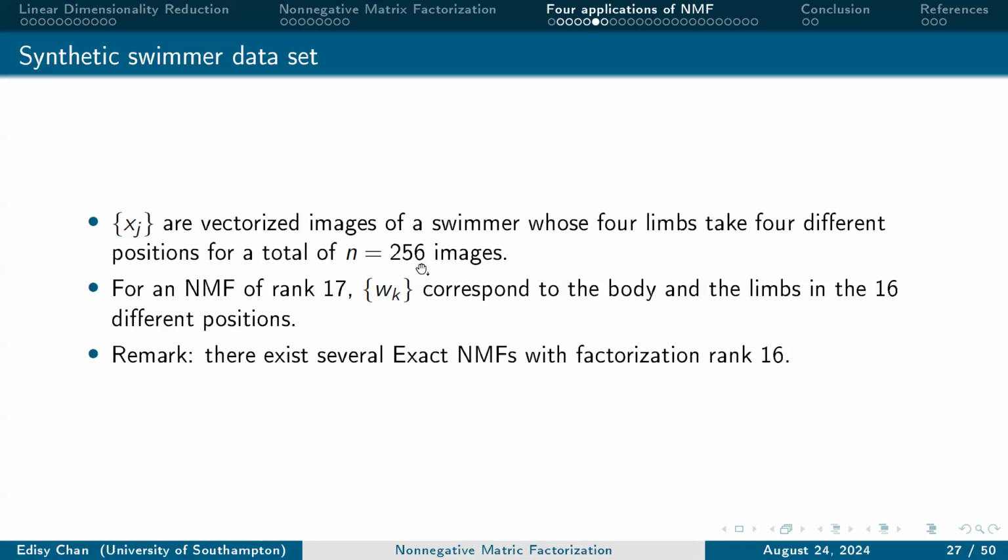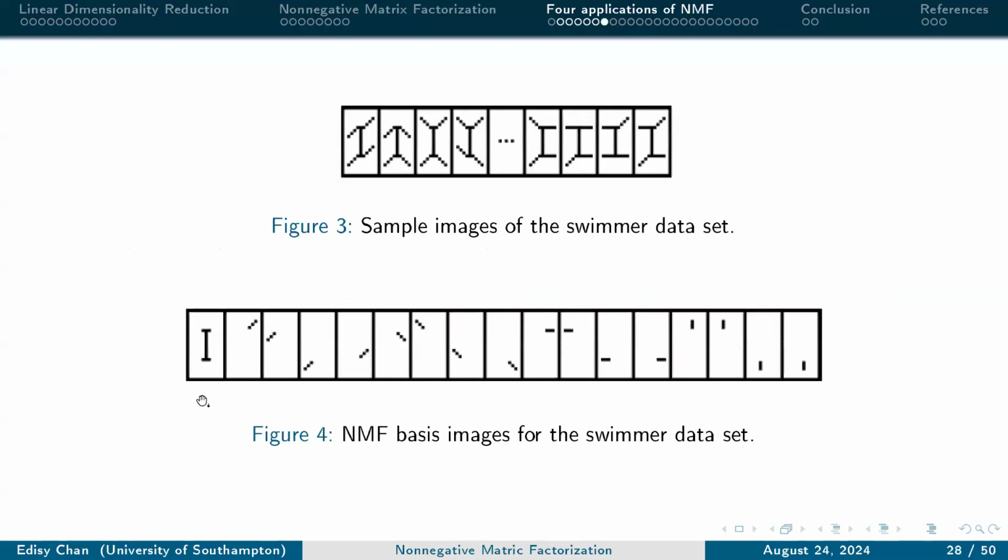We can solve this problem with an NMF of rank 17. Then we will have the following wk: the body and the 16 different positions of those four limbs. These are some sample images of the swimmer data set.